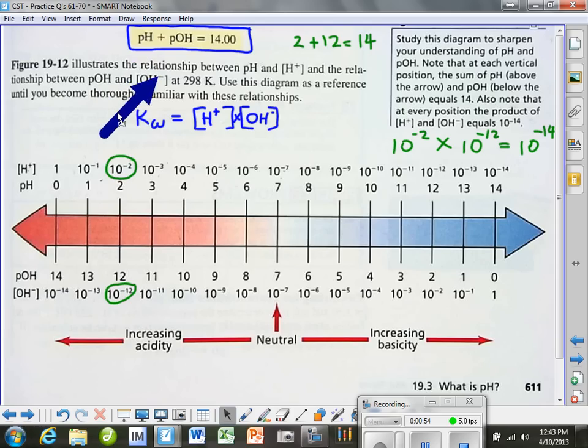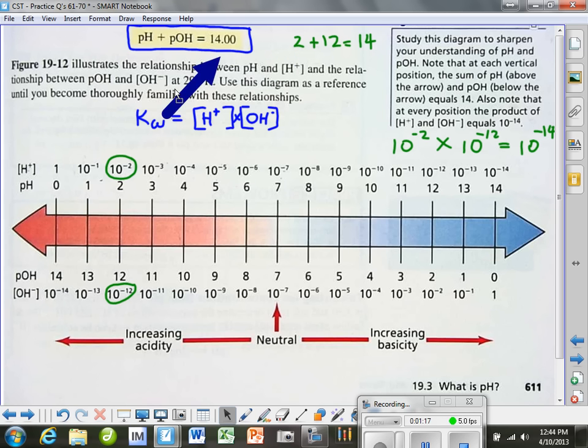This formula, in conjunction with this formula, are going to be used a whole lot in your homework problems, as well as in the CSTs. So the K sub W is the equilibrium constant of water for its self-ionization. And that was part of our lesson in class today.